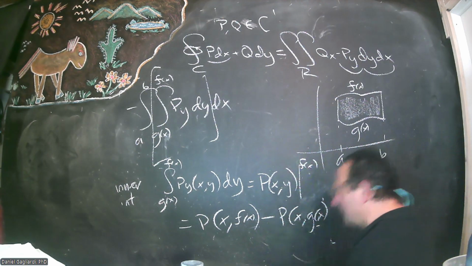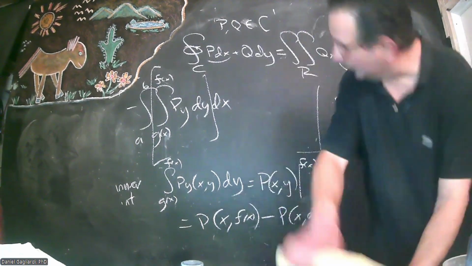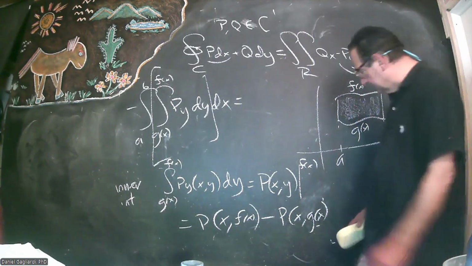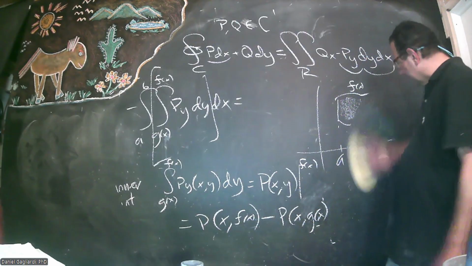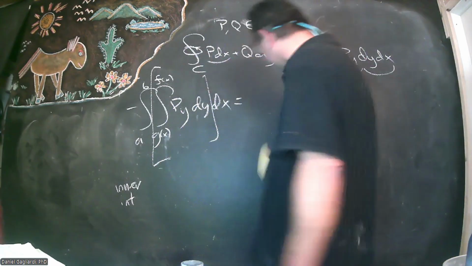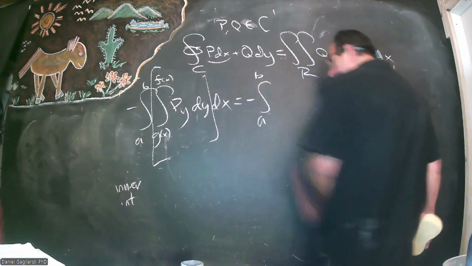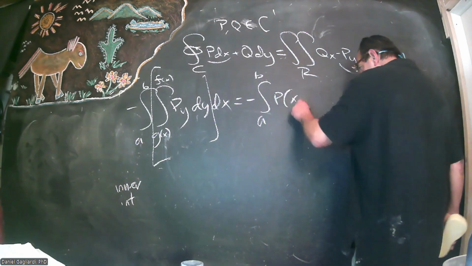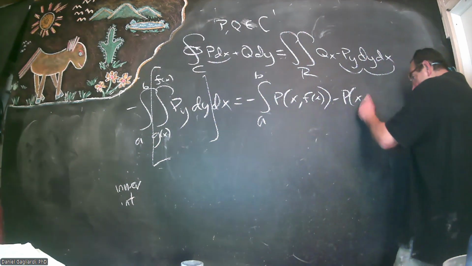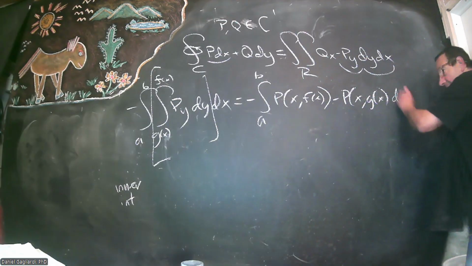All right, let's pop back up to the integral that we have over here. I'm going to need that again, but that's okay. Have plenty of chalk. So what do we obtain after doing that inner integral? Now we have negative integral from a to b of P of x, f of x minus P of x, g of x. That was the inner integral dx.